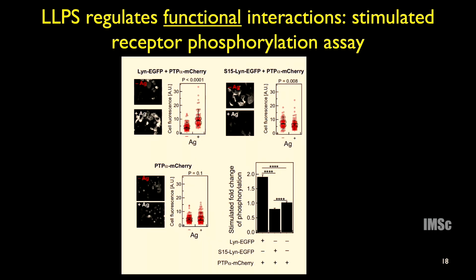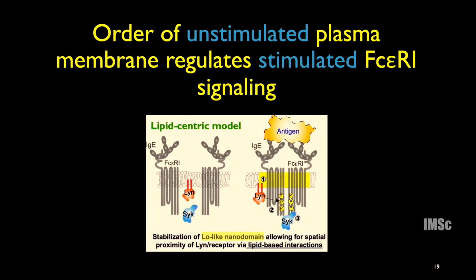When we take S15, which is the Lyn mutant, we do not see any change in phosphorylation. And of course, without Lyn, no phosphorylation. This is a negative control. Without Lyn, just with the phosphatase, no phosphorylation happens. So this shows that just by changing the lipid anchor, not the protein interacting motif, we can actually change its function, and that's why I just mentioned that liquid-liquid phase separation is impactful in the function of the membrane.